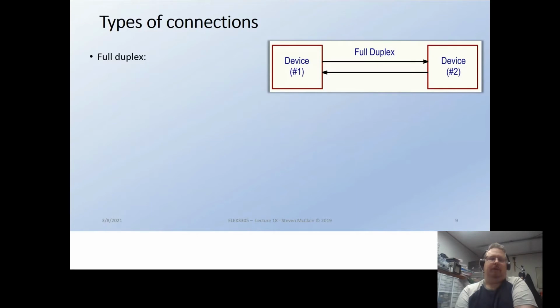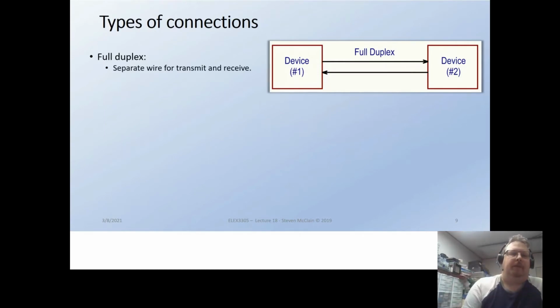So device 1's transmitter goes right to device 2's receiver, and device 2's transmitter goes right to device 1's receiver, and they're just always hooked up. And drivers are on the right ends, and it's all working. And with that one, you can actually send data both directions at the same time, because you have a separate wire for each channel. You have a separate wire for transmit and receive, and you can send and receive at the same time.